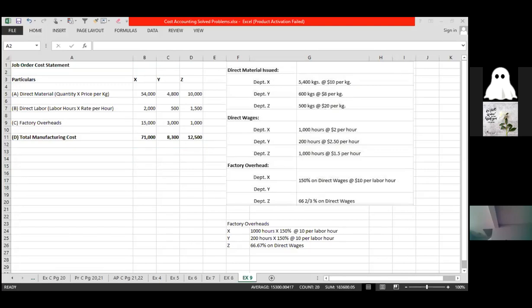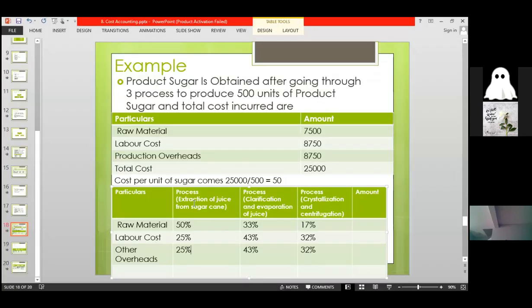Just like that cost sheet, the names will change. Instead of process X, you will have the extraction of juice from sugarcane process. Instead of process Y, you will have this name there, and process Z will be replaced by this name.